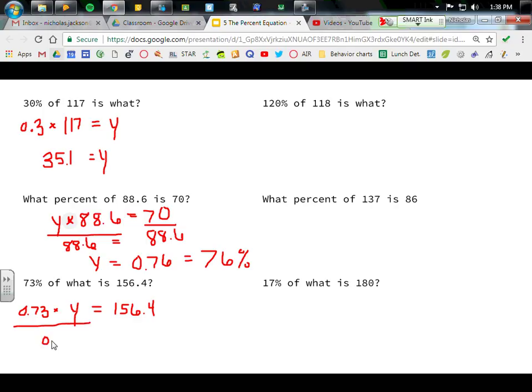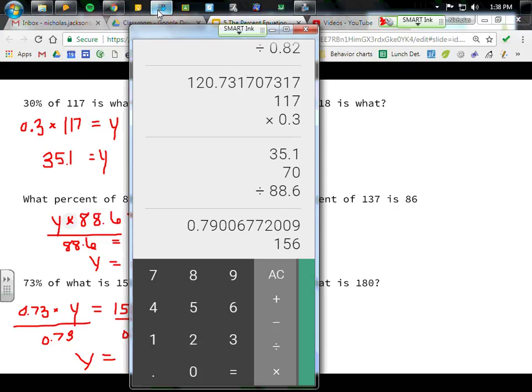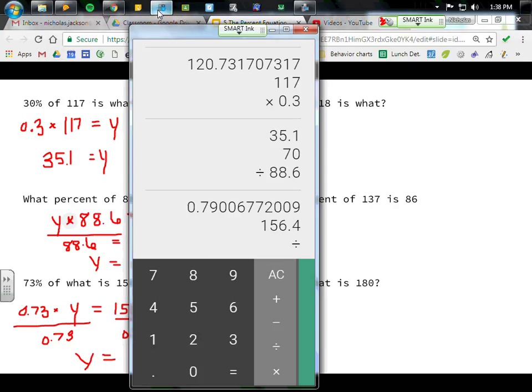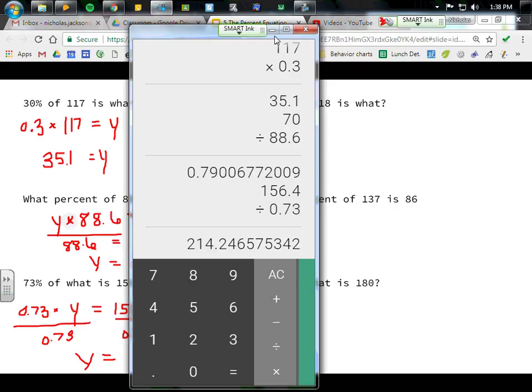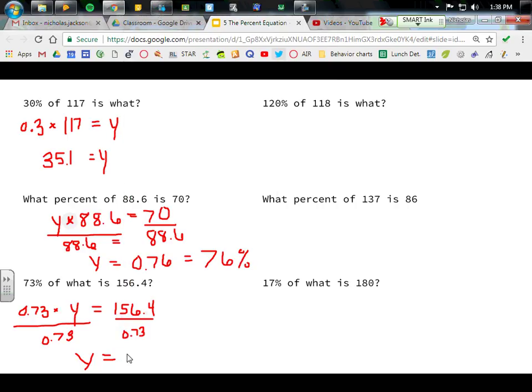Okay, we're going to divide to solve. 156 and 4/10 divided by 73 hundredths, 214 and 2/10.